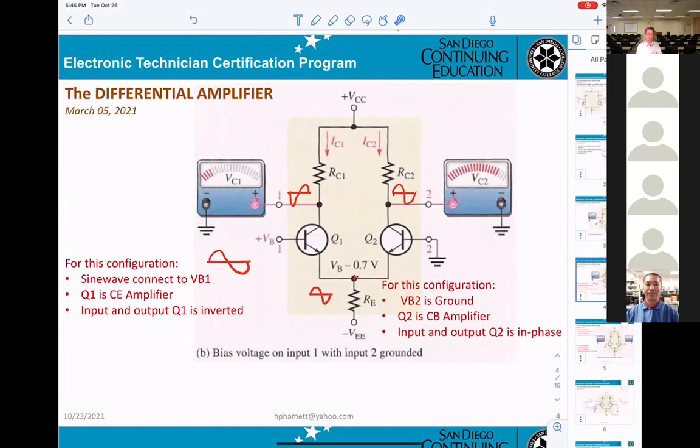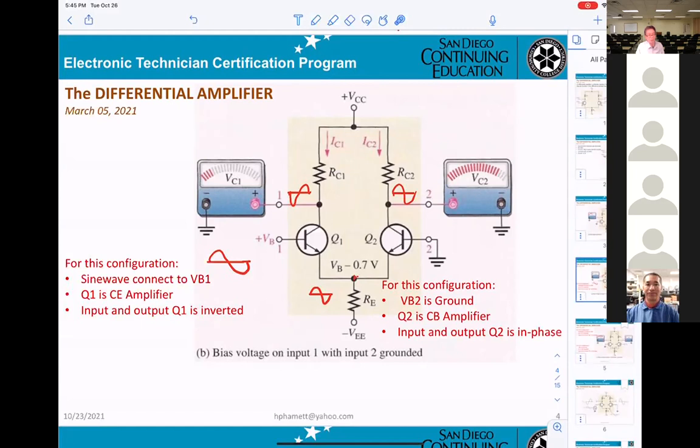If the input is applied at VB1, you say Q1 is the common emitter amplifier that we already learned. Input applied to the base, output from the collector, and input and output will be 180 degrees out of phase. You must at least remember that.